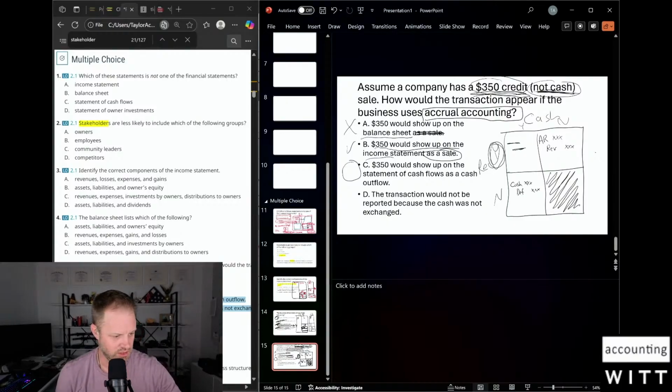That would be tricky. The transaction would not be reported because the cash was not exchanged. Well, the whole point of accrual accounting is to report it, even though there was no cash exchanged. So it's not that. So the answer is B.